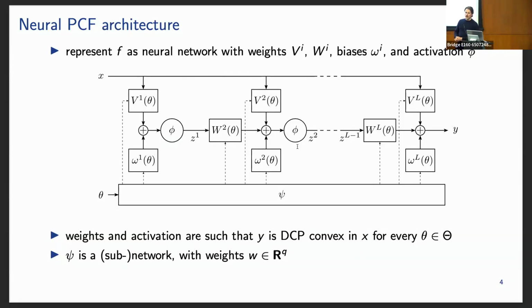When we finish learning, we have a DCP expression that we can use in a CVXPY problem. And this subnetwork you can think of as a reparameterization of theta that maps theta into these matrices V, W, and the offset vectors omega, which characterize the little neural network.